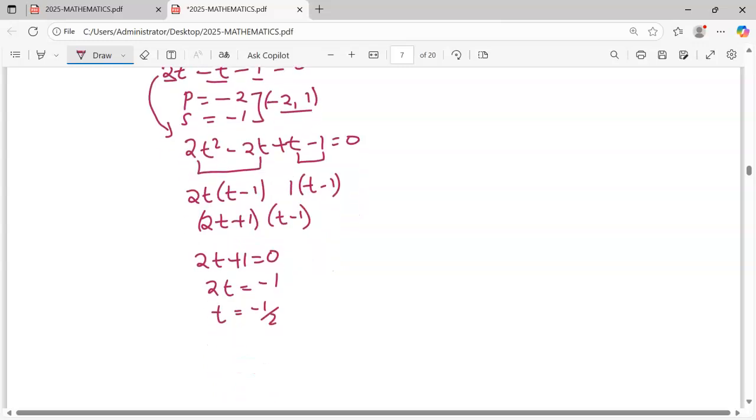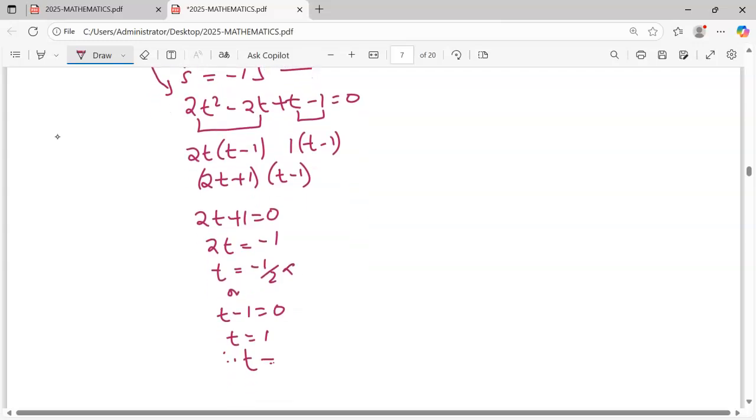Also, we can say t - 1 = 0. Therefore, t is equal to positive 1. Since time cannot be negative, we disregard the negative value for t, then conclude that the value of t is equal to 1 second.